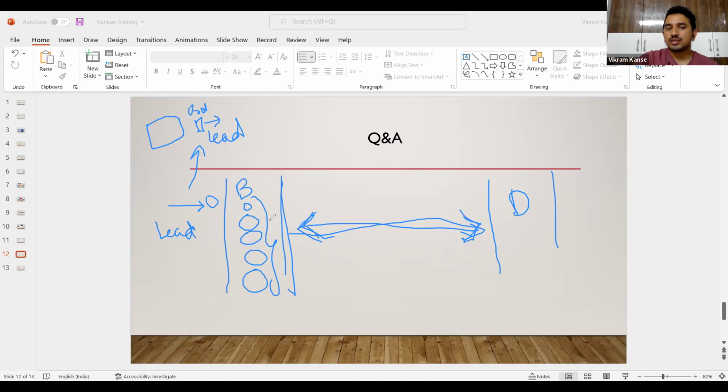So once all this work flows from start to finish, when this starts is when your cycle time starts. And when this ends, which is when it comes to done, is when your cycle time ends.